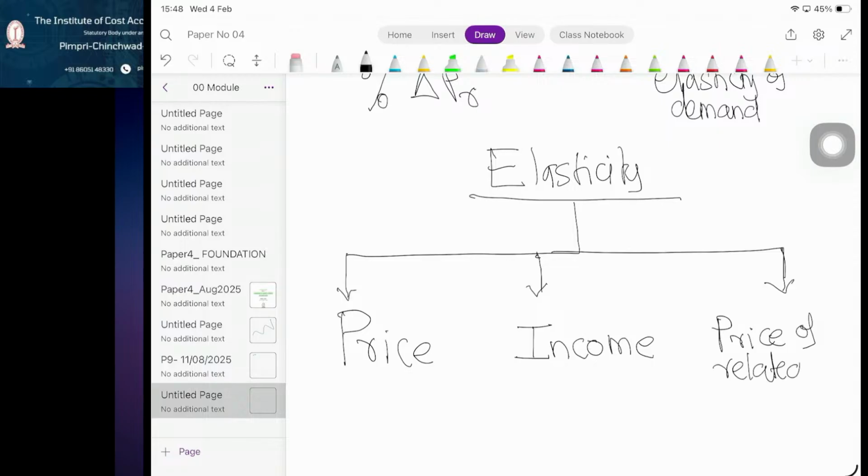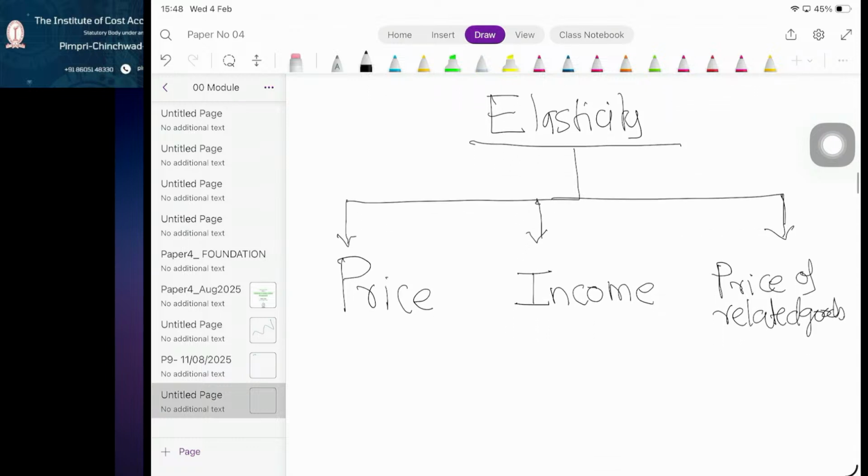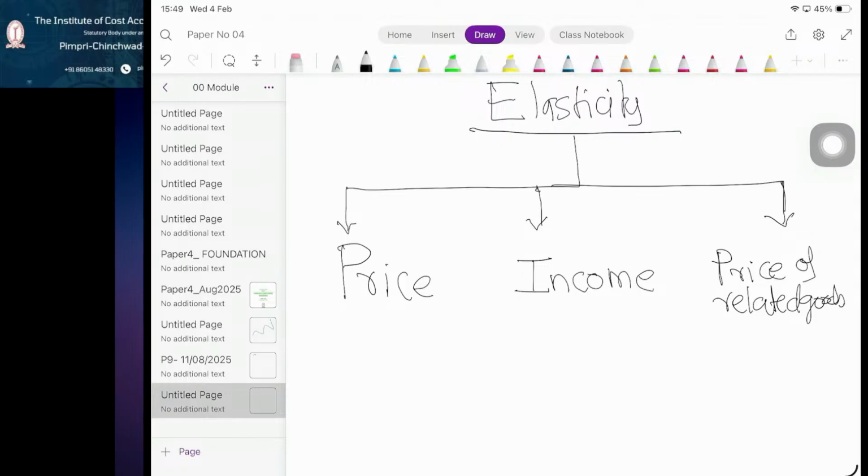Okay, have you got this? Same formulas, modifications, but here we consider price, in the second case we consider income, and in the third case we consider the price of a related good.